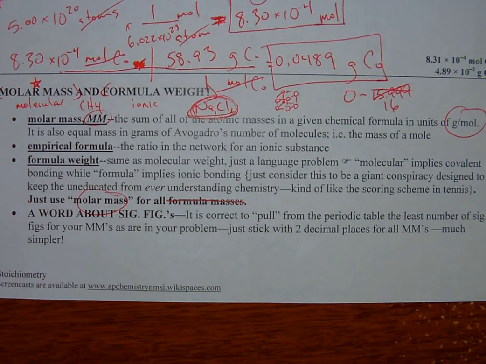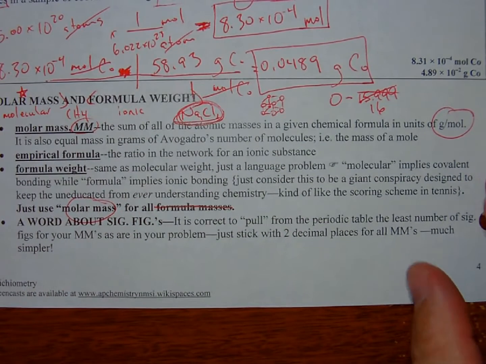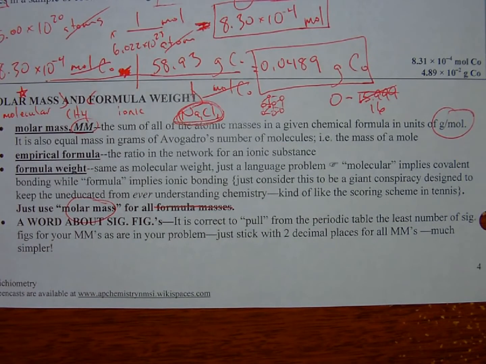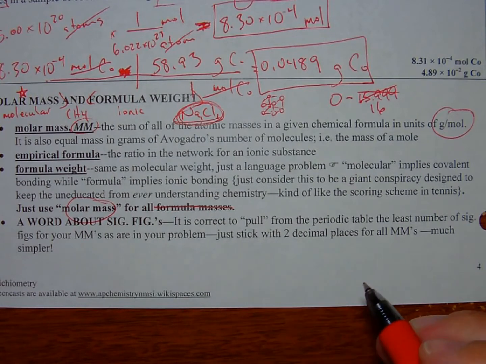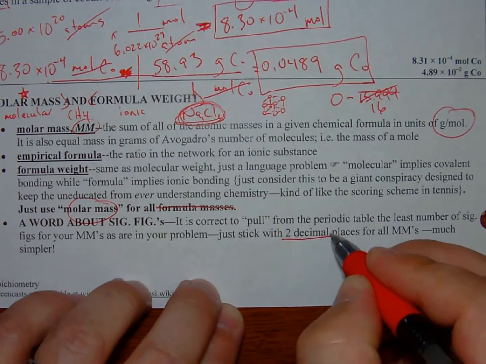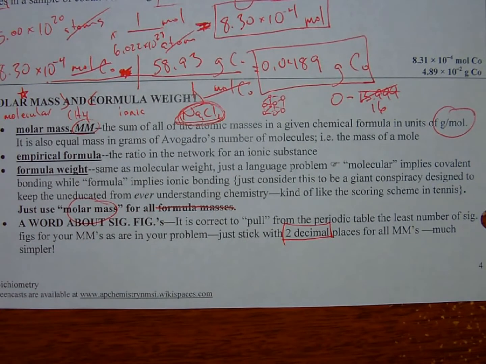Now, one more word about sig figs. Remember, we covered this at the beginning of our year 1 chemistry course. It is correct to pull numbers from the periodic table, the least number of significant figures of your molar masses as you have in your problem. General rule of thumb, just stick to 2 decimal places.